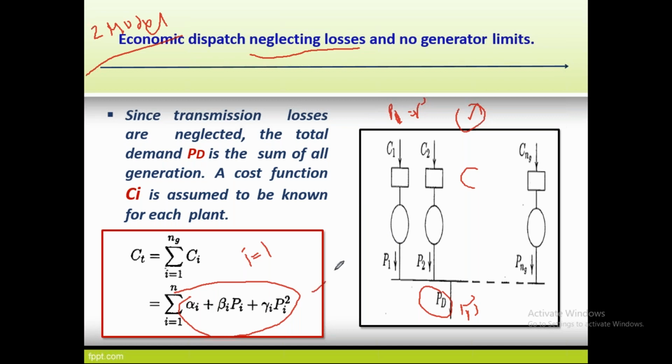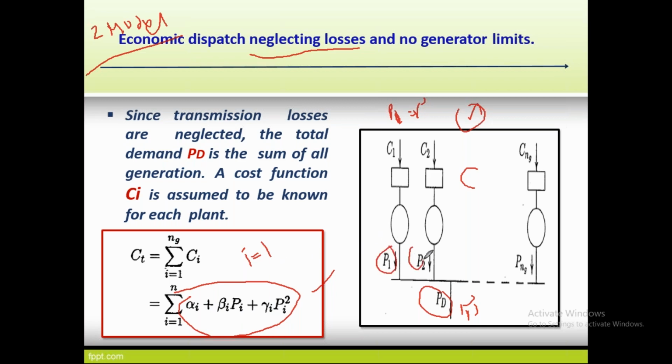So just note down this cost equation, that is CT equals summation of alpha I plus beta I PI plus gamma I PI square. Here I is the unit number. If it is unit 1, you go for P1.